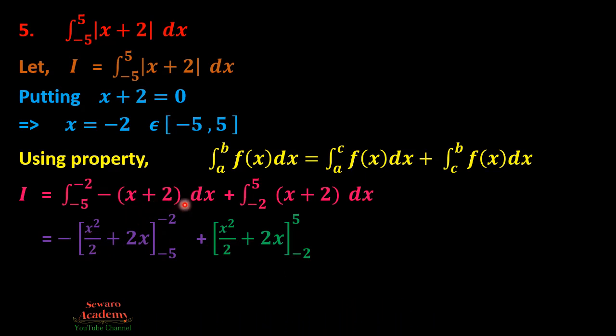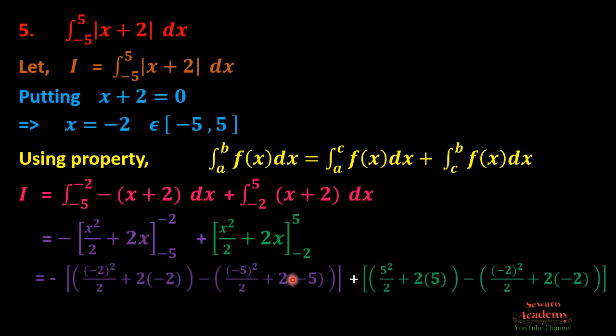Integration of 2 dx is 2x, and similarly here only the lower limit and upper limit will be different. Then we put the lower limit and upper limit. Here we have put the upper limit minus the lower limit for the first part, and for the second part here we have put the upper limit, and here the lower limit.